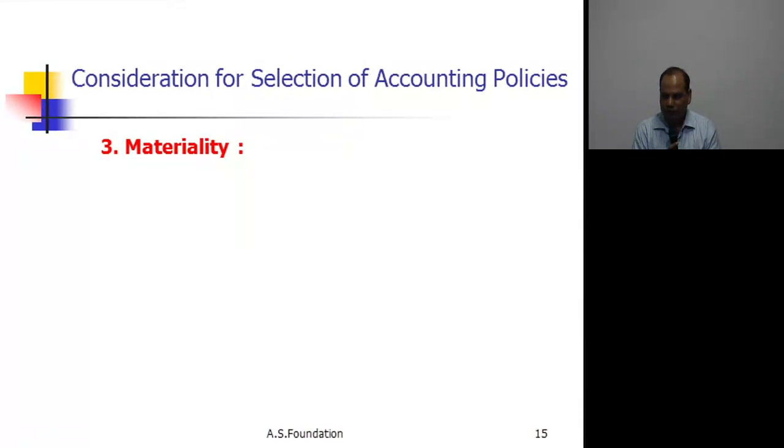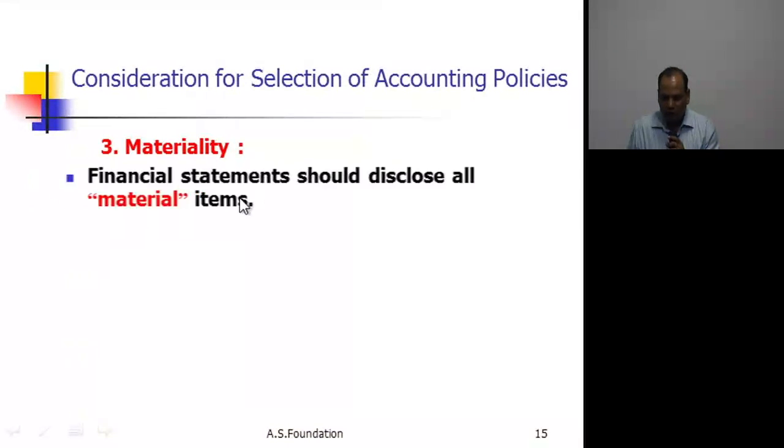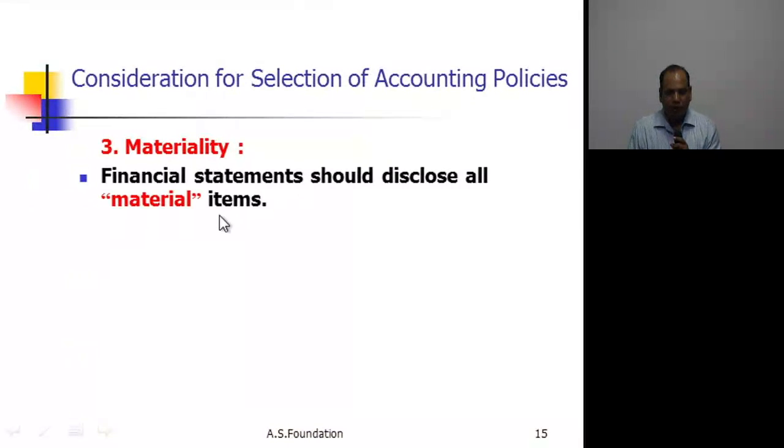Materiality. What is materiality? Any accounting information is material if it can influence the decision maker. Accounting Standard 1 says companies should disclose in its financial statement all material items.